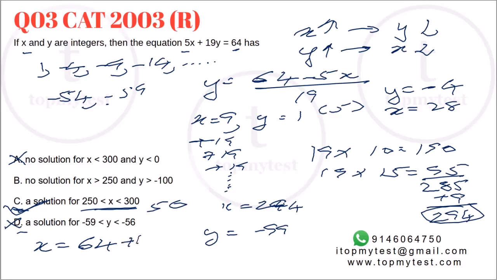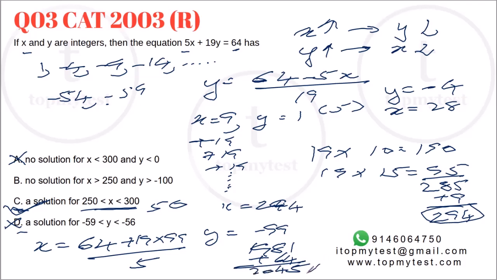So it will be plus 19 into 99. 100 into 19 is 1900, so 99 into 19 will be 1900 minus 19, that is 1881, plus 64 will give you 1945... 2045. When you divide this by 5, this is definitely more than 250. So option B is also false. So option C is the correct choice.